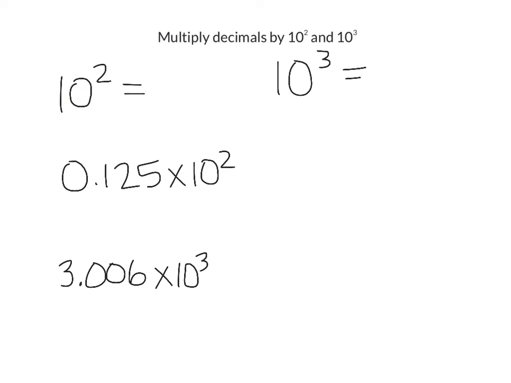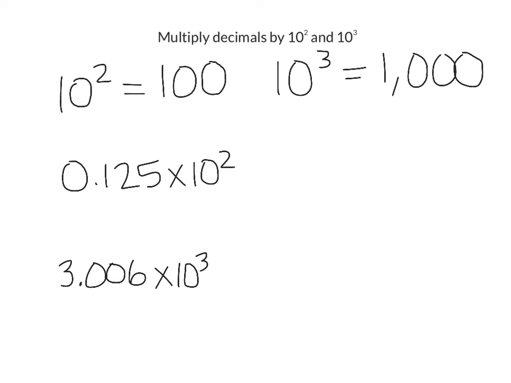Now we're going to look at multiplying decimals by 10 squared and 10 cubed. Now remember, 10 squared is the same thing as 10 times 10, or 100. So whenever you multiply anything by 10 squared, you're multiplying it by 100. 10 cubed is the same thing as 10 times 10 times 10, or 1000. So whenever you multiply a number by 10 cubed, you're really multiplying it by 1000.